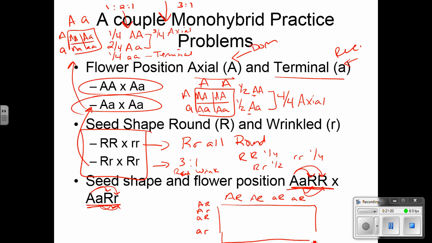I don't have a whole lot of room here. A cross with this information, and you would fill them in.